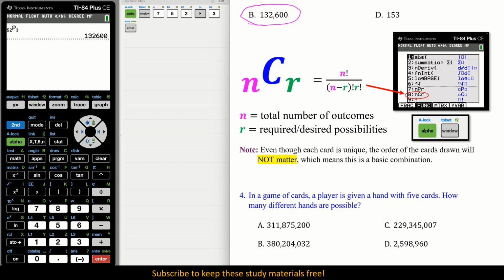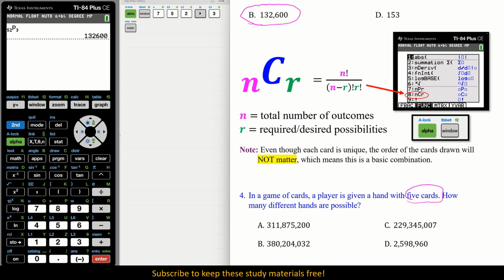Number 4 says, in a game of cards, a player is given a hand of 5 cards. So we're talking 5. And they should have said ordinary playing cards, but we can make that assumption. How many different hands are possible? So how many different combinations as each person holds it in their hand?